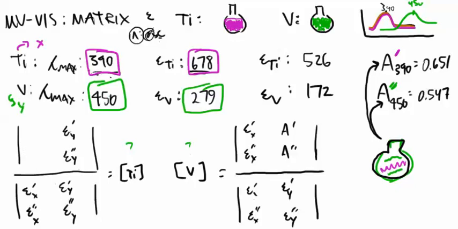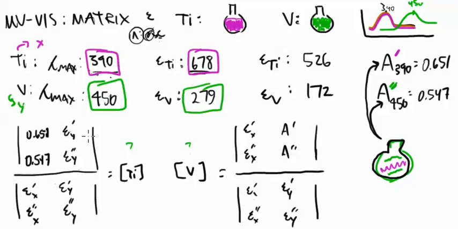So my A prime, because that's the way that I've defined it in my problem, this 390 absorbance is 0.651. So 0.651 goes in there. And my A double prime was 0.547. Okay, so now we're starting to plug numbers into these problems.